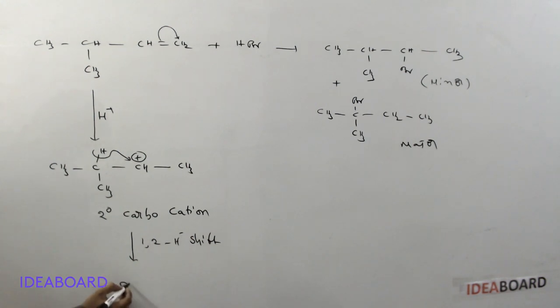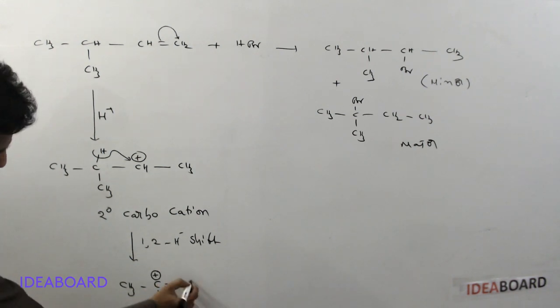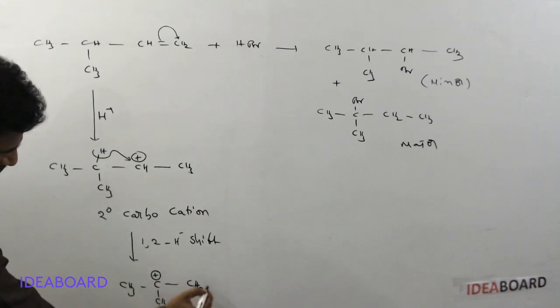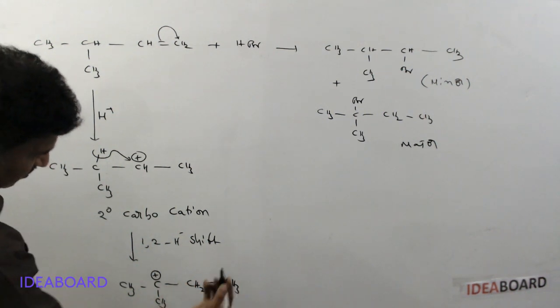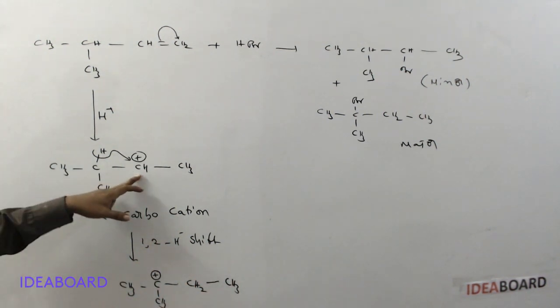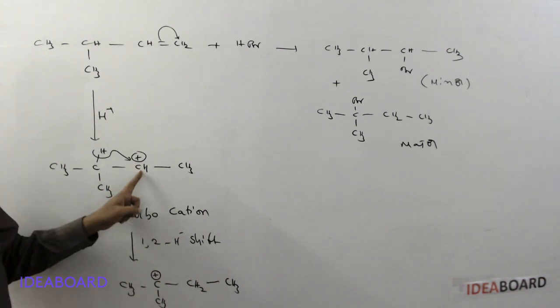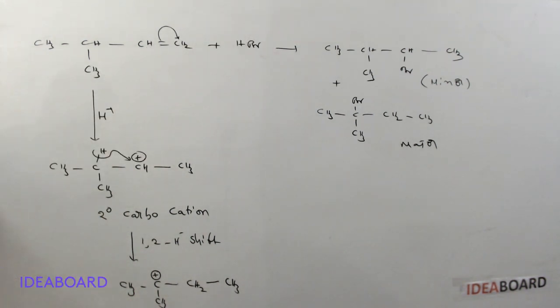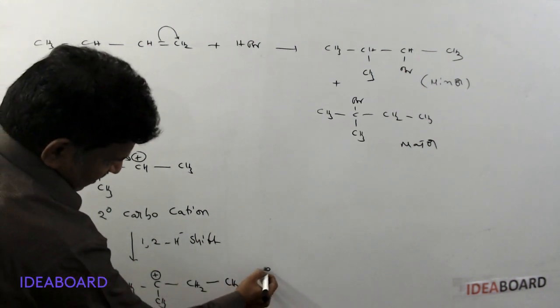What is formed is CH3 C plus CH3, and here we are getting CH2 and CH3. Without the shift, if the negative charge is added on this carbon, we will get the first product. If it is shifted onto this, the positive charge is present here, and this is called a tertiary carbocation.